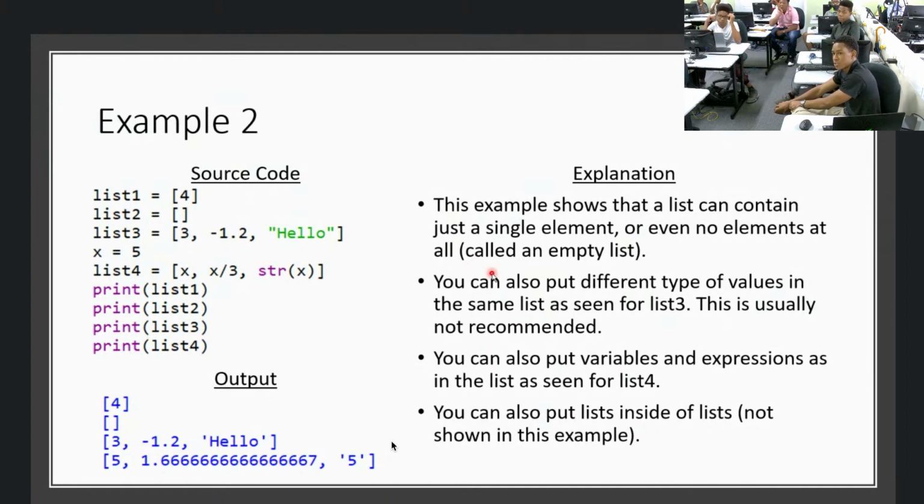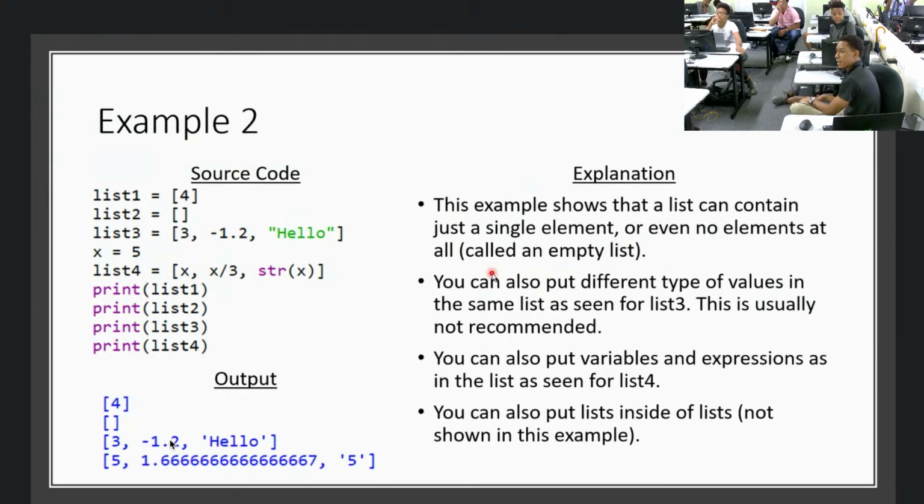We're going to change x to a string. So we're going to print out these lists. What do you think our output is going to look like? 4, then an empty list, then 3... No, 5, because x is changing.